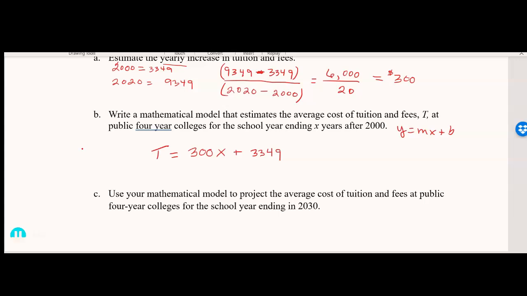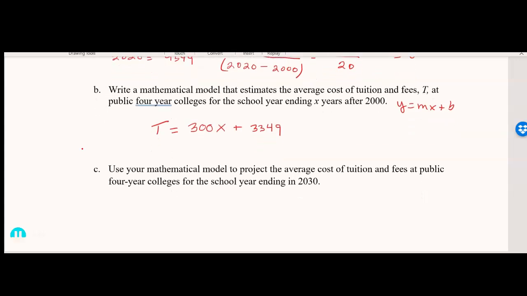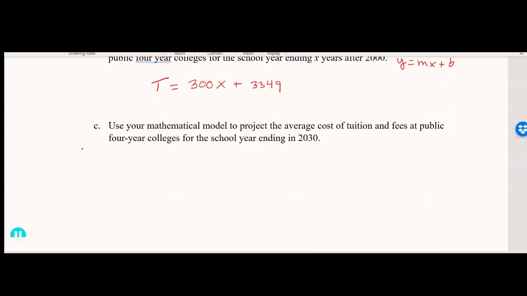All right, now we can move on to part C, which says, we'll use that model, use that equation to project the average cost for the year 2030. Well, again, I've got to do what we did before. The year 2030 minus the very first year from the chart, which was 2000.